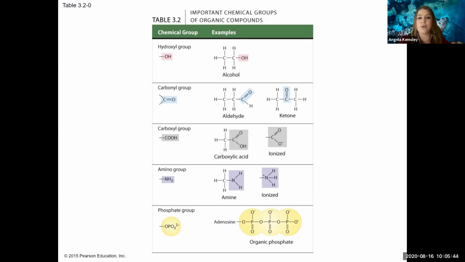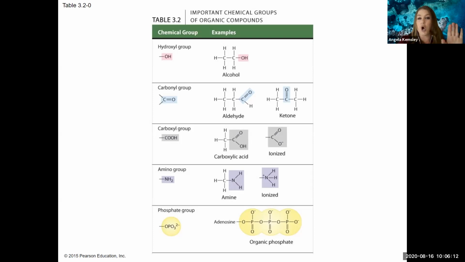We have our amino group, which is NH2, nitrogen and 2 hydrogens bonded to our carbon skeleton. And the phosphate group, which is a phosphorus and 4 oxygens with a negative charge, bonded to our carbon skeleton. Notice that these functional groups can bond in different ways, but that chemical group, what it's made up of, is going to stay the same.